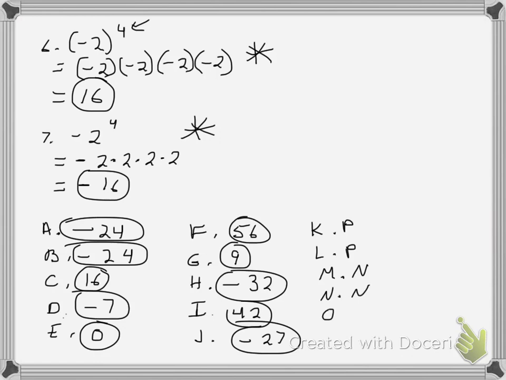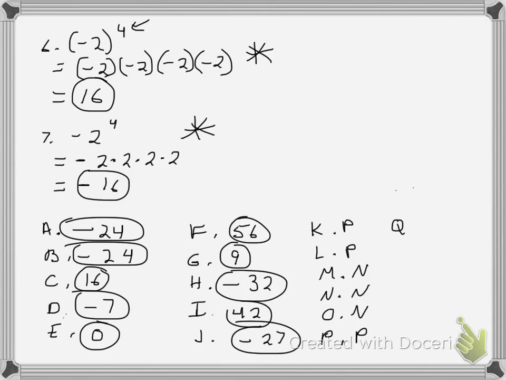O, I've got 1, 2, 3, 4, 5 negatives. That's an odd number of negatives. My answer will be negative. P, I've got 1, 2, 3, 4 negatives. That's an even number, so my answer will be positive. Q, I've got a negative number in the parenthesis squared.